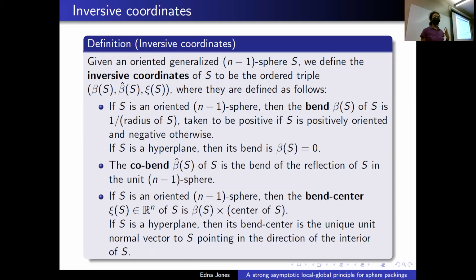So if S is an oriented n-1 sphere, then Cassie of S is just the bend times its center. If S is a hyperplane, then its bend center is the unique unit normal vector of S pointing in the direction of the interior of S.